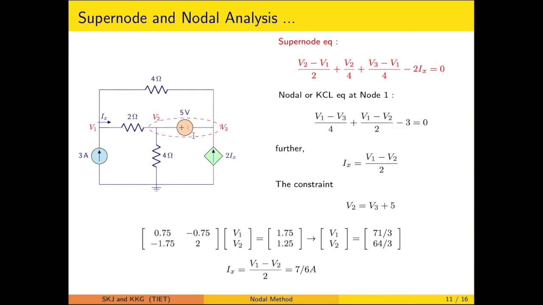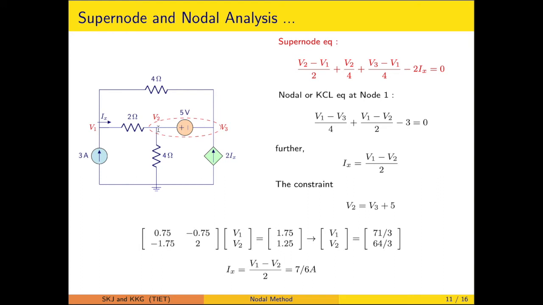So you will be dealing with another unknown, IA, and it basically is going to add to the equations. So instead of this, the process is that a supernode is identified and we write the KCL equation at the supernode, keeping the outgoing current as positive, and the outgoing current is to be calculated from the previously assigned node voltages. So in this particular case it is V2 minus V1 upon 2.